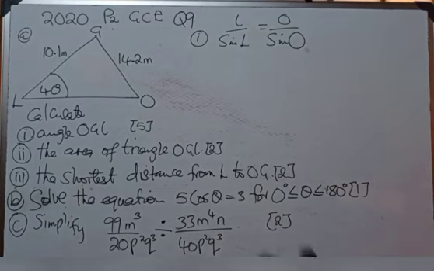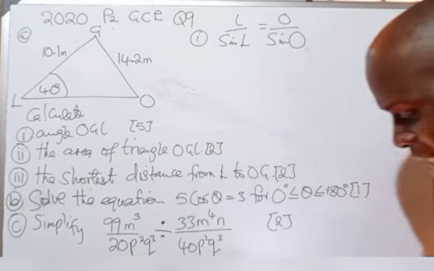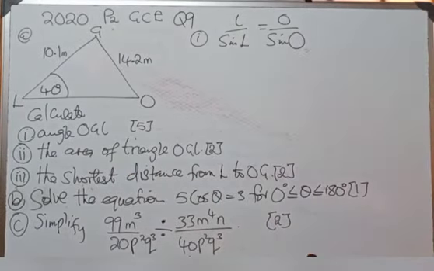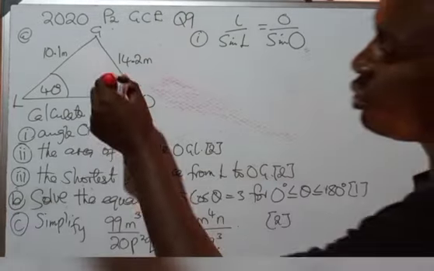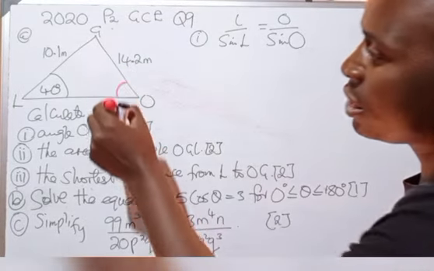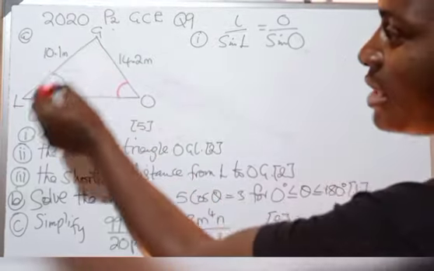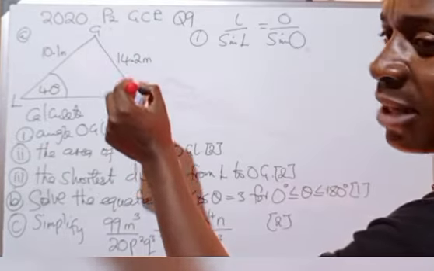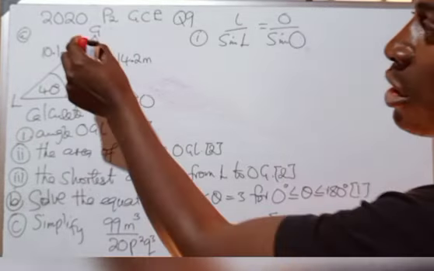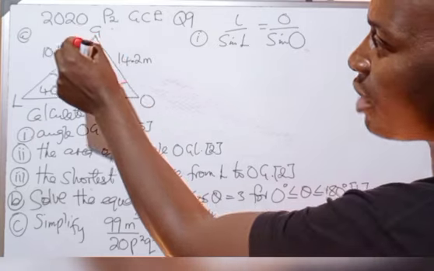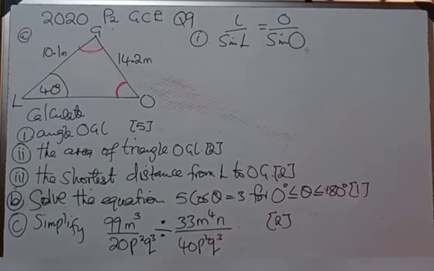Once this angle is known, we use the concept of angles in a triangle: if we add this angle plus this one, then subtract from 180, we get the required angle.